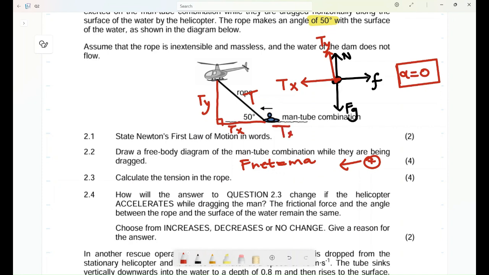So Tx will be T cosine of 50 degrees, your trigonometry. So instead of writing Tx, I might say T cos 50 degrees minus friction, which is opposing the motion, is equal to 0. Why? Because my acceleration is 0.